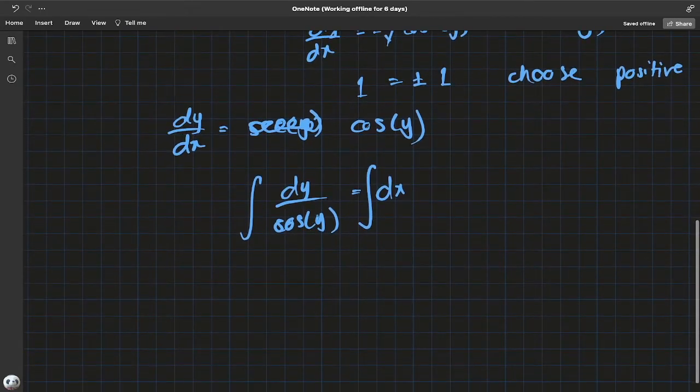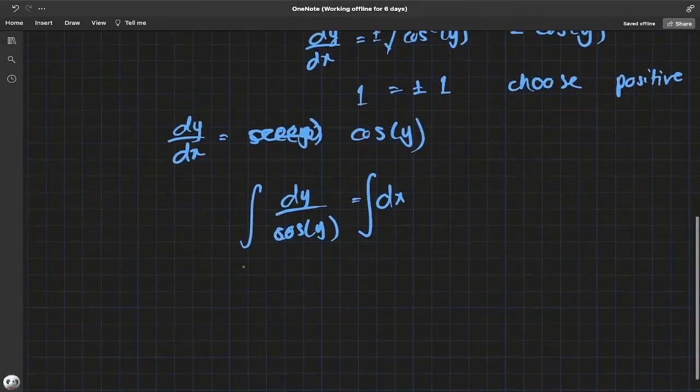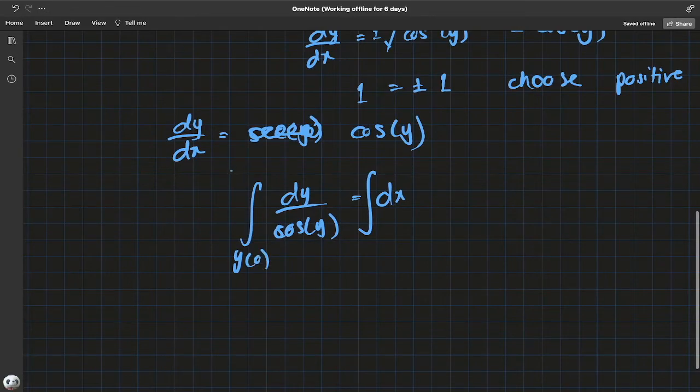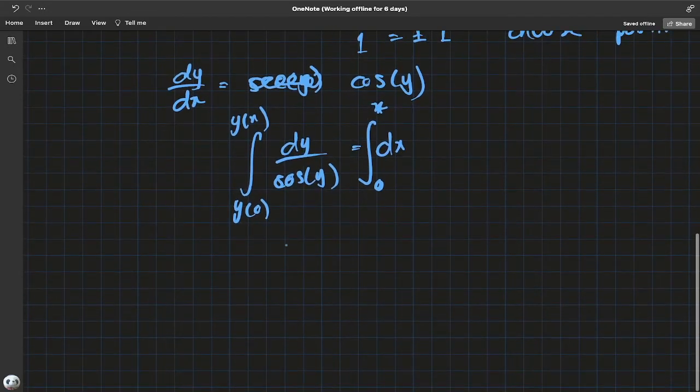And again, when we integrate, we have these conditions, so just use them. y of 0 to y of x, y from 0 to x. So they should match. If y is going from 0, x is 0 here, x should be 0 here. I mean, this is y of 0, y when x equals 0. So just understand, everything should match. It should be consistent on both sides.